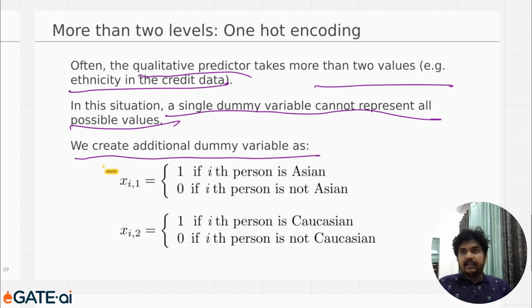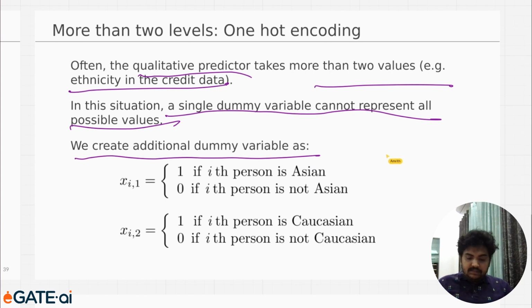Let us say there are 3 possible ethnicities we are considering: Asian, Caucasian, and, I don't know, maybe European. If I have 3 such values, then I am creating a separate variable for each of those values.